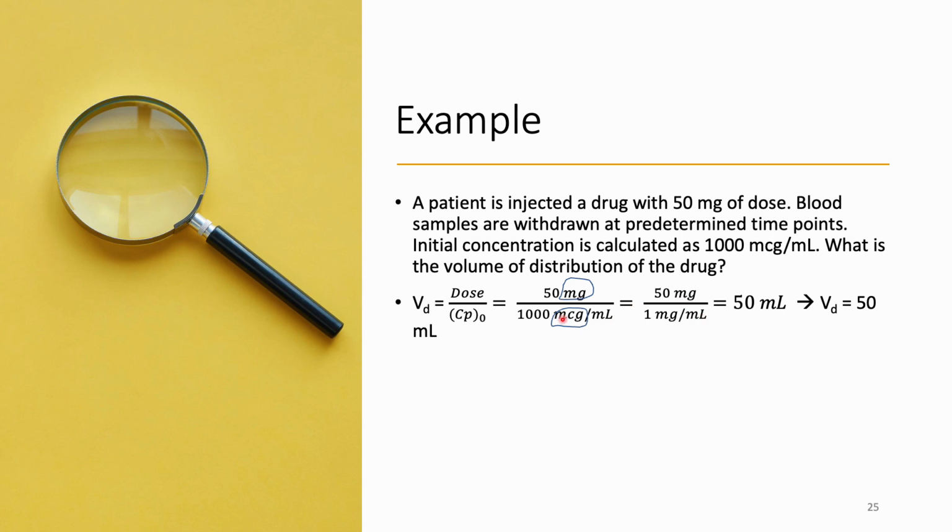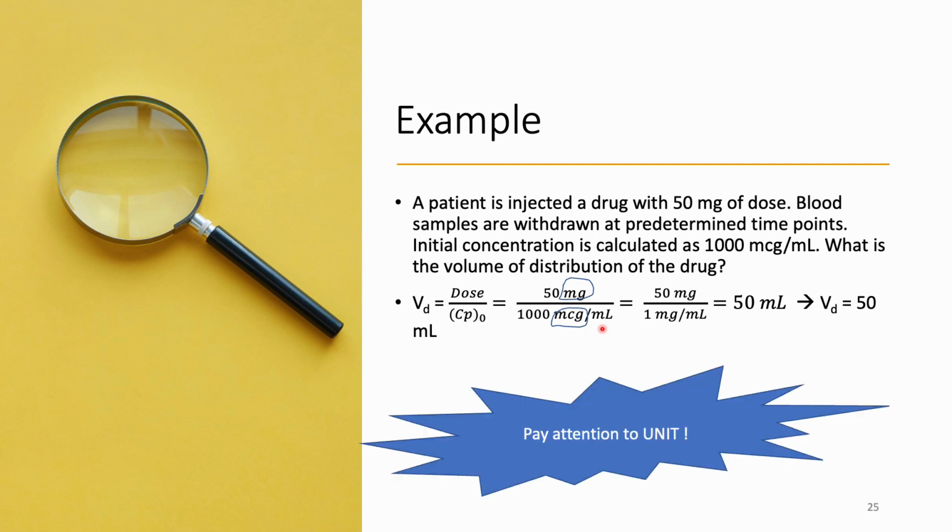If not, you have a huge mistake. In pharmacokinetics, when you do the calculation, I always suggest you write the unit after the number, so you can recognize immediately whether you need to convert the unit or not. Again, pay attention to the units in pharmacokinetic calculation.